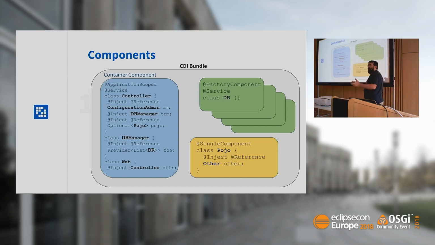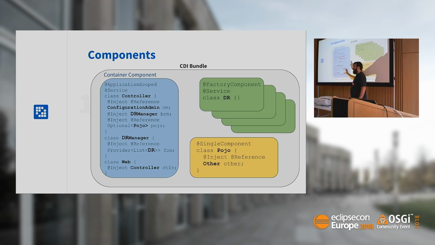Single components are just like your typical DS components. Both of these react to their dependencies and configuration independent from the main application, so they come and go as necessary. Now, if this is empty, which is completely valid, now your bundle looks exactly like DS does, because you have single components and factory components. You're not predicated on having any beans in this part of the application.